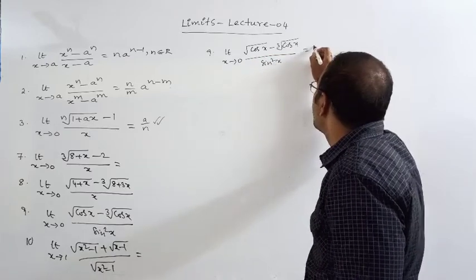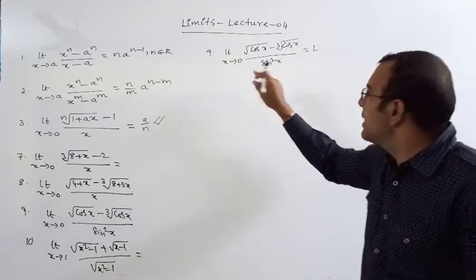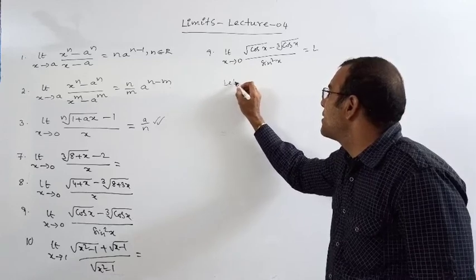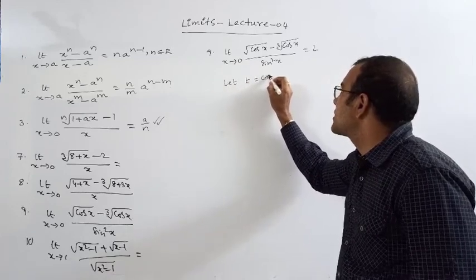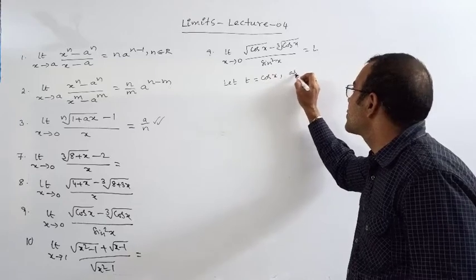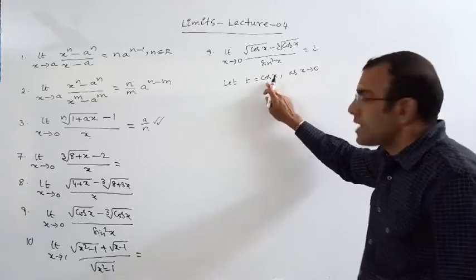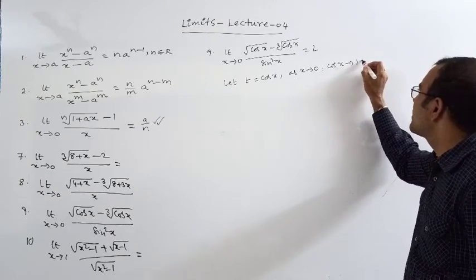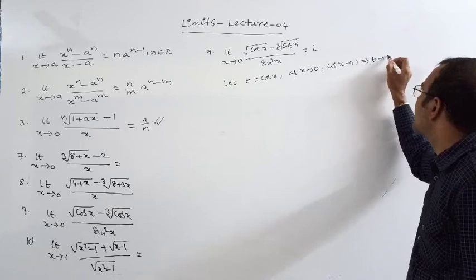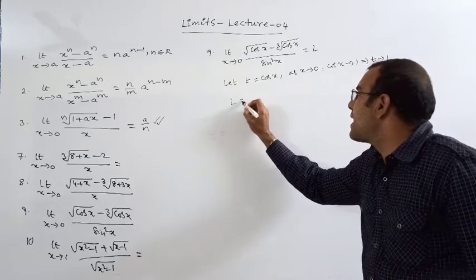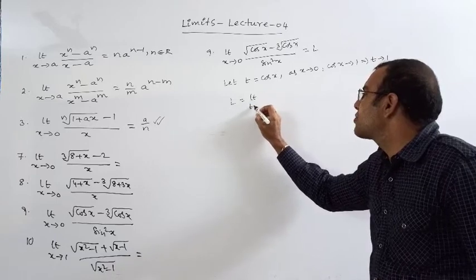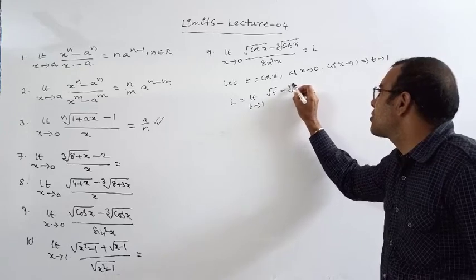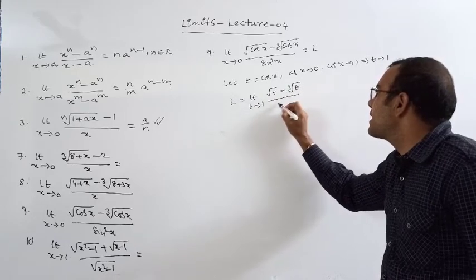Assume this is L. Now obviously you see, if you substitute t equal to cos x, as x tends to 0, cos x tends to 1. Right? So this implies t tends to 1. Now you can write L as limit t tends to 1, root t minus cube root of t by 1 minus t square.